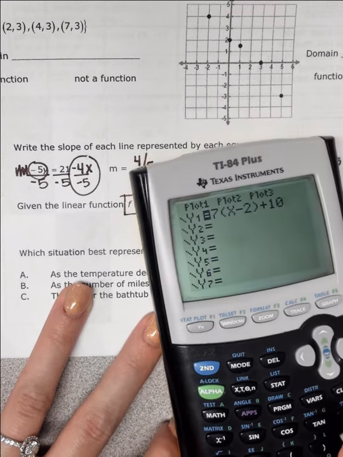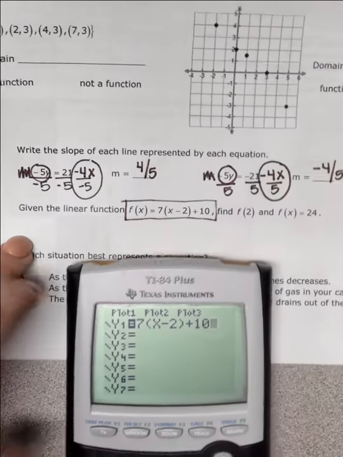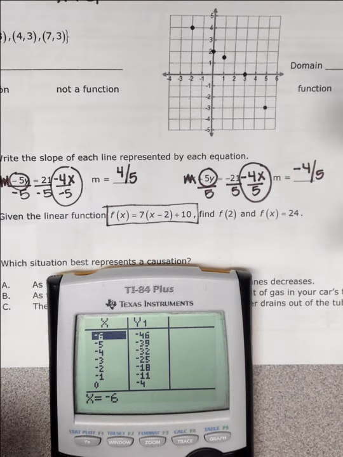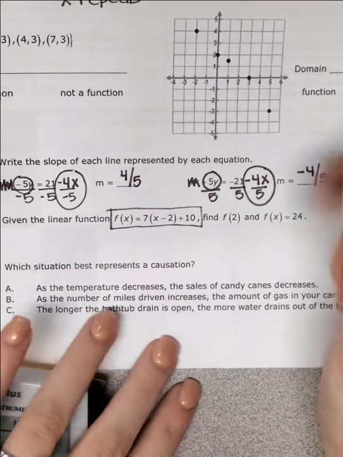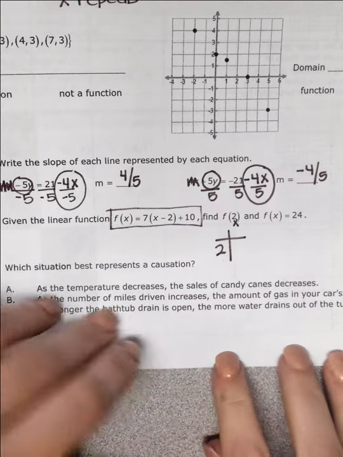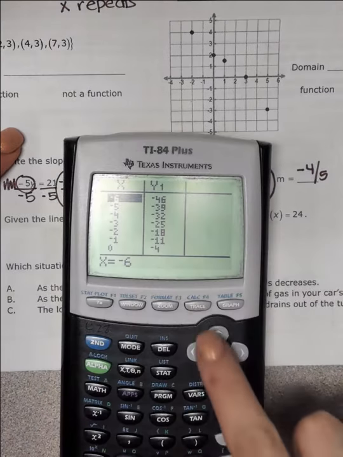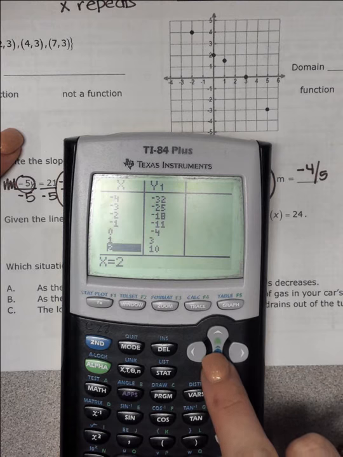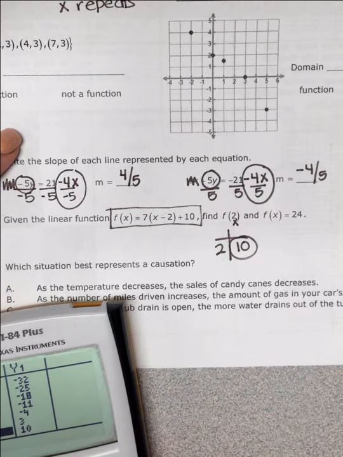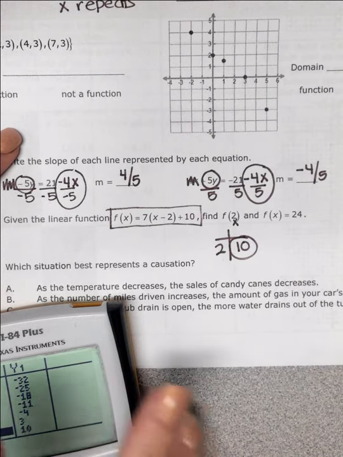Okay, took me 2 seconds. Got it typed in. Now, f of 2. This 2 is in the parentheses. I wish you could picture me holding my arms in, and they're crossed. So that means that this 2 is an x. So on my calculator, when there's 2 in that x value, what matches up with it? 10. That's what you need to know for your test.